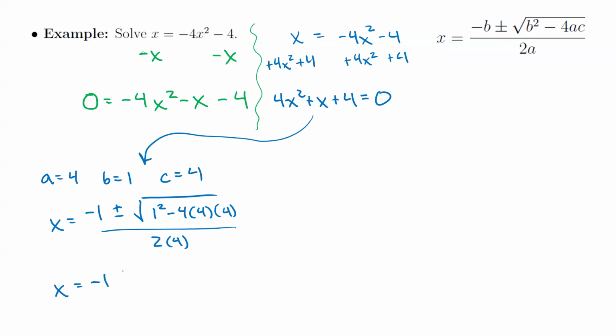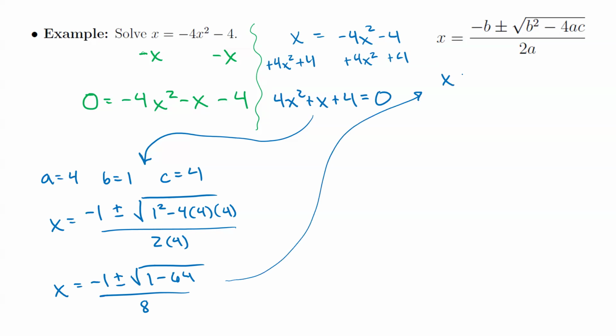So this time I also get a negative 1, minus 4 times 4 times 4 is 64. So we get x is equal to negative 1 plus or minus the square root of negative 63, all over 8.